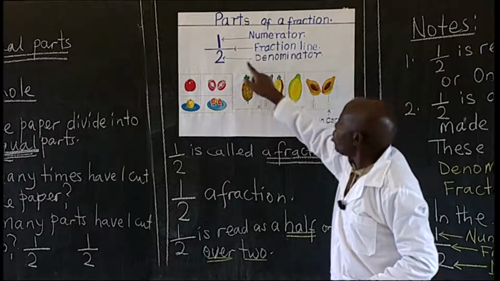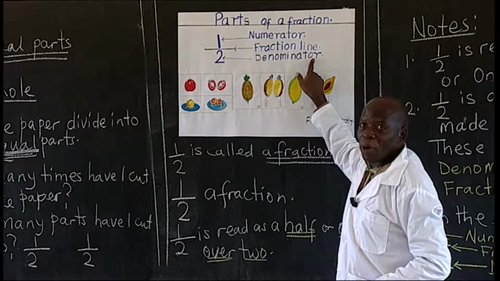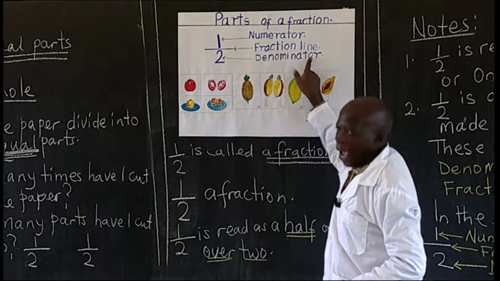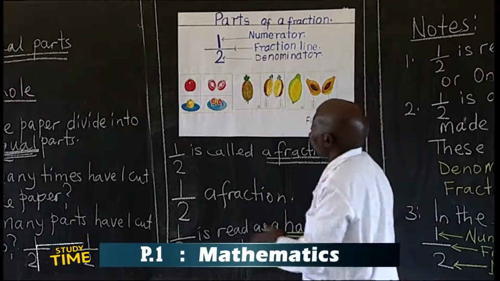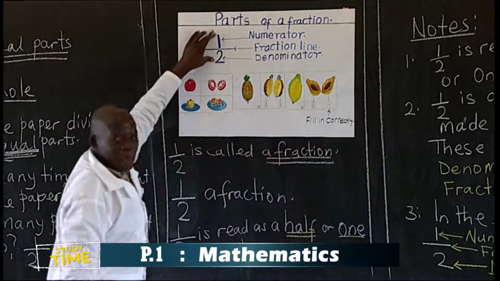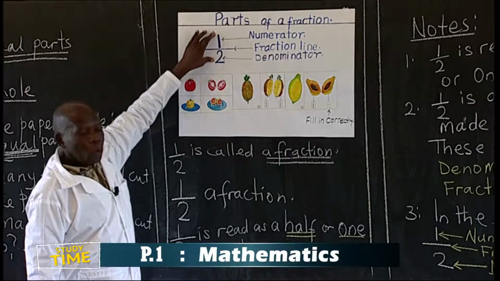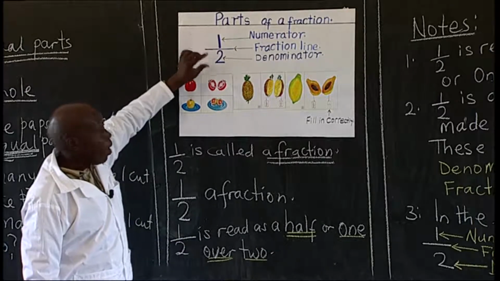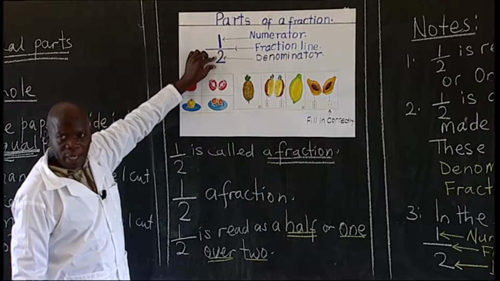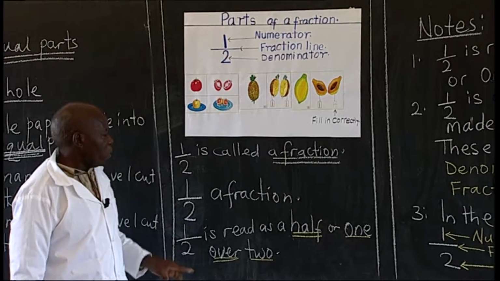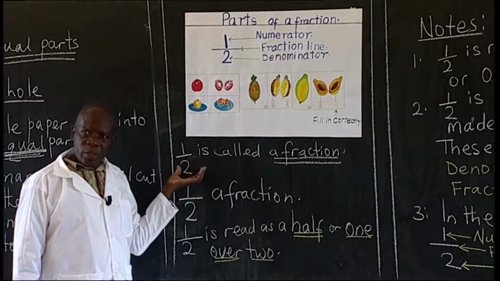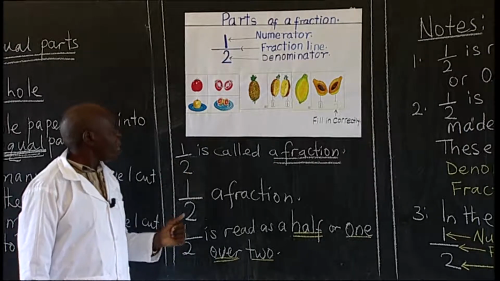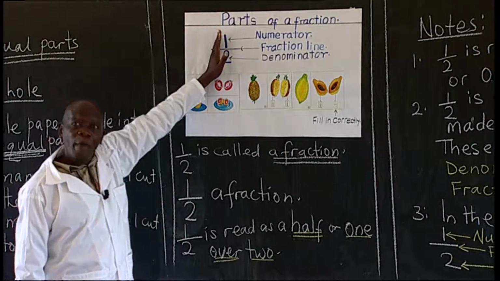Repeat. Denominator. One more time. Denominator. So now you need to know the parts which make a fraction. We have the numerator, we have the fraction line, and we have the denominator. Children, you have now understood what a fraction is, and you have now understood the parts of a fraction.